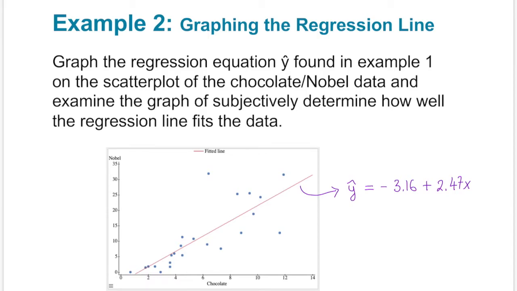For example, if I want to know when x is a, what is y? I don't have the actual y, but I can estimate it by plugging a in here to get the predicted y. These points are the actual x and y. The point on the line is the predicted y value.